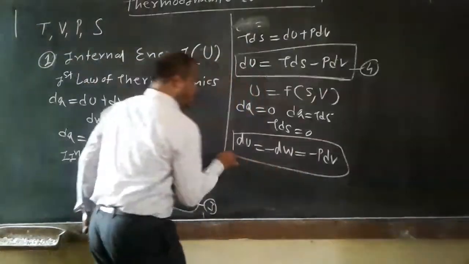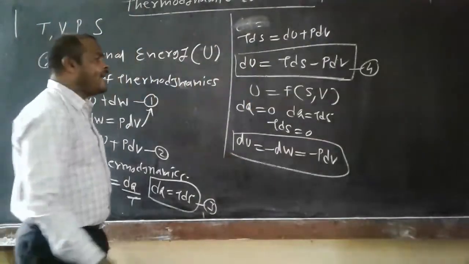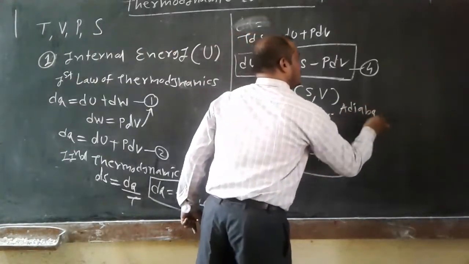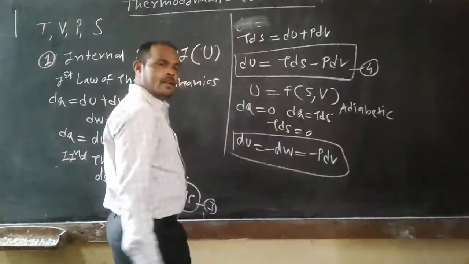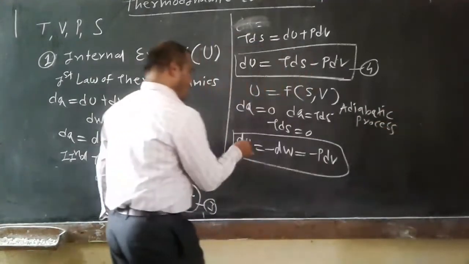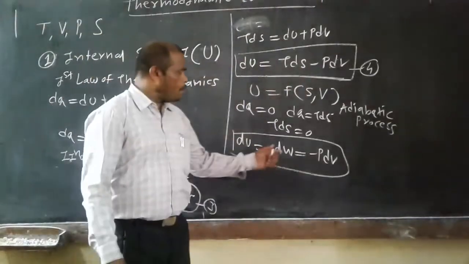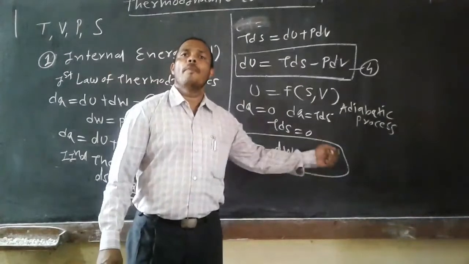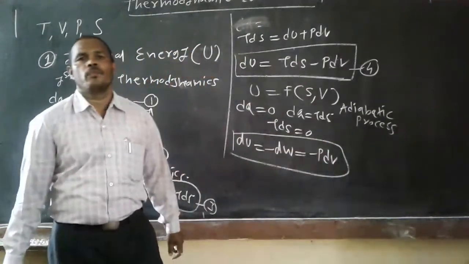So this is for adiabatic process. For adiabatic process, we get the result, that is dU is equal to minus dW, that is equal to minus PdV.